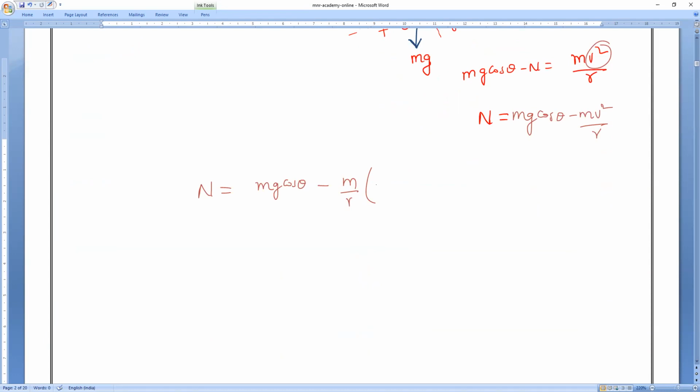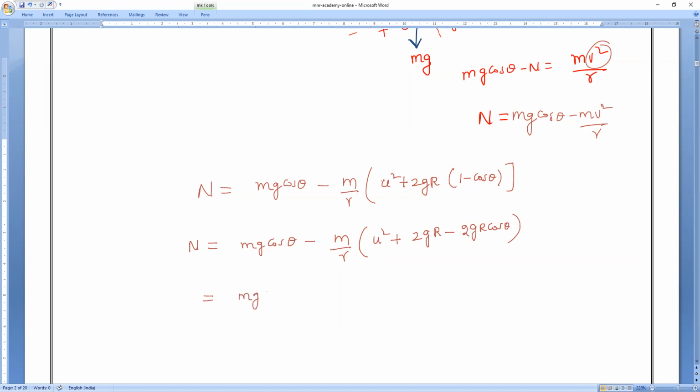So v square means how much, everybody? u square plus 2gr into 1 minus cos theta. That is one. Now try to solve this equation. So mg cos theta minus m by r into u square plus, this I will multiply, so I will get 2gr, and plus into minus minus, so I will get 2gr cos theta. Clear, everyone?